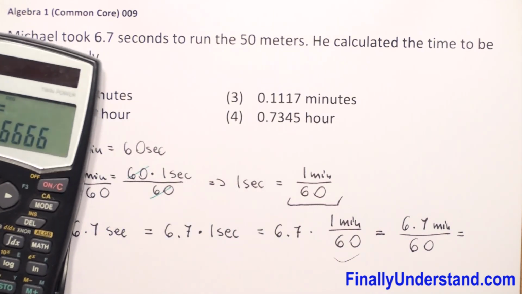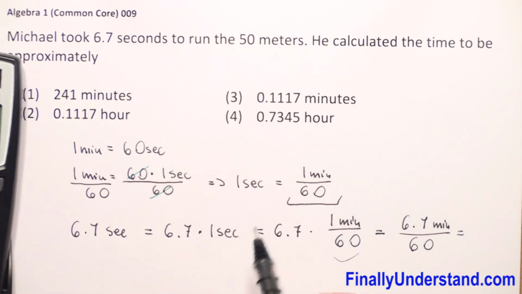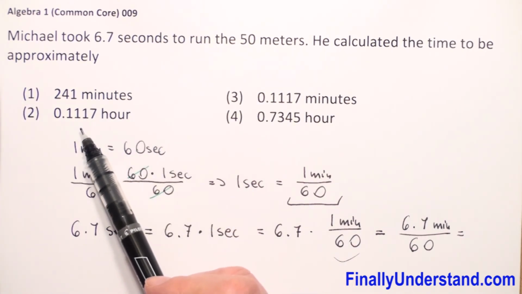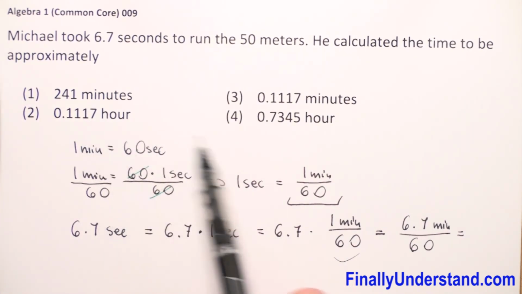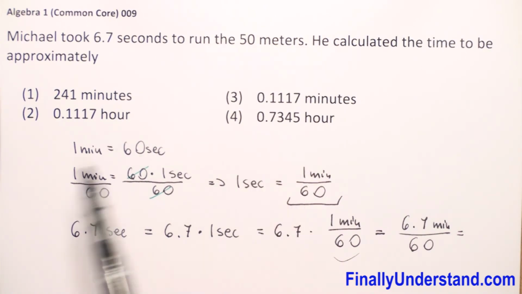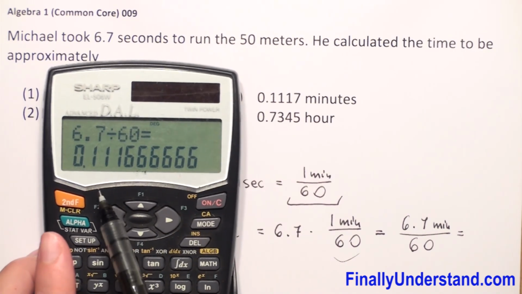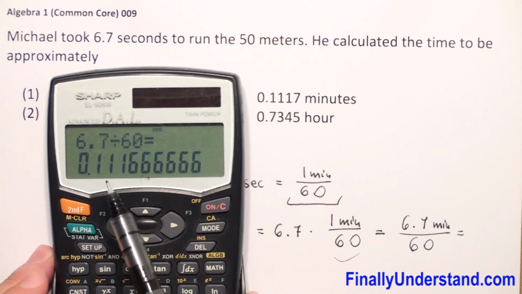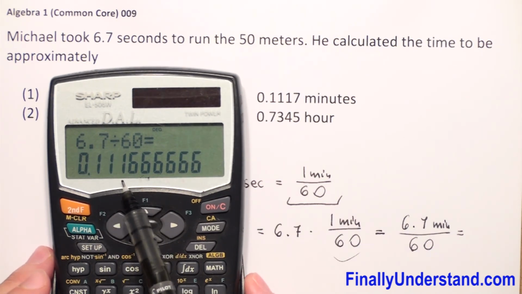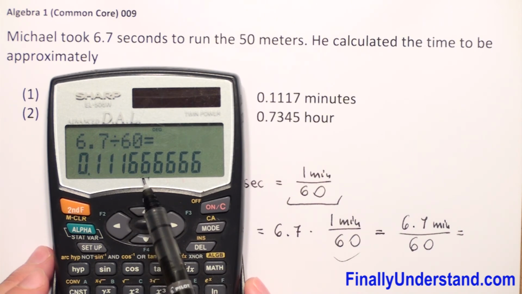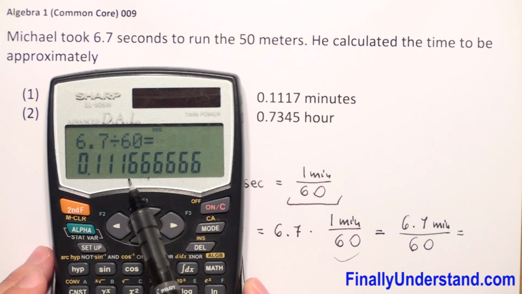Because the solutions we have here are to the 4th digit after the decimal point, I will round my number to 4 digits. After the 6 I have again 6, so I need to add 1 to the first 6, so it will be 7.